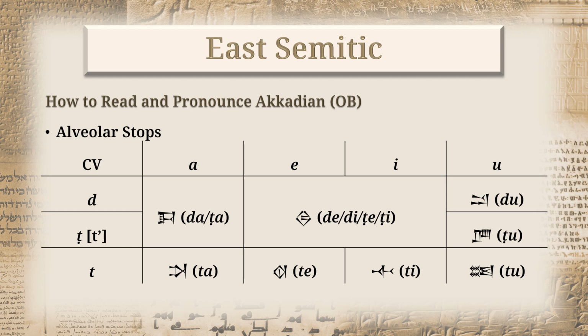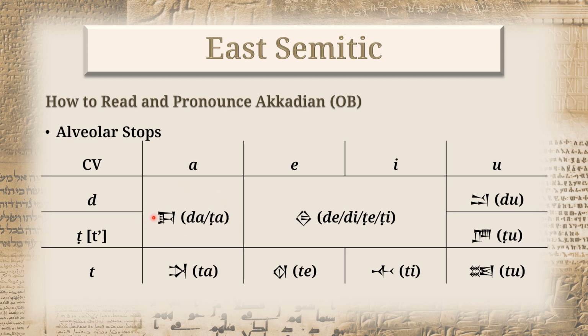Alveolar stops. Here you see the typical tripartite differentiation in Akkadian and many other Semitic languages, which is between a voiced and an emphatic and a voiceless stop. And emphatic consonants were probably pronounced as glottalic or ejective consonants in Akkadian, which is why this was pronounced something like t, similar to how Ethio-Semitic languages and some modern South Arabian languages still pronounce this kind of consonant.